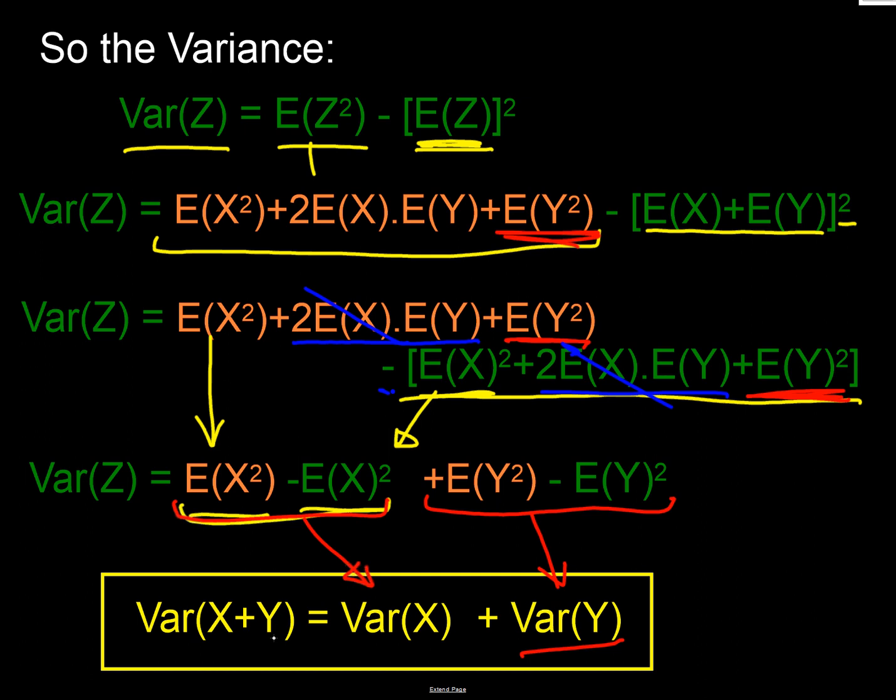Okay, so what have we done? We've fairly quickly proved that the variance of x plus y is going to be equal to the variance of x plus the variance of y.